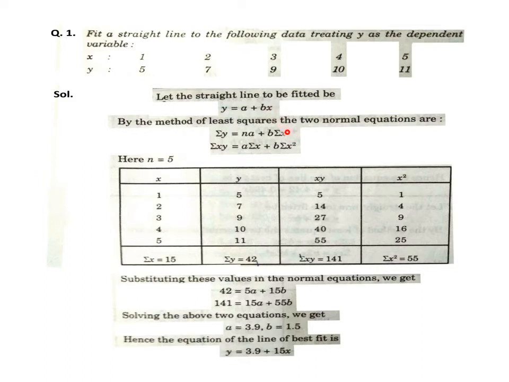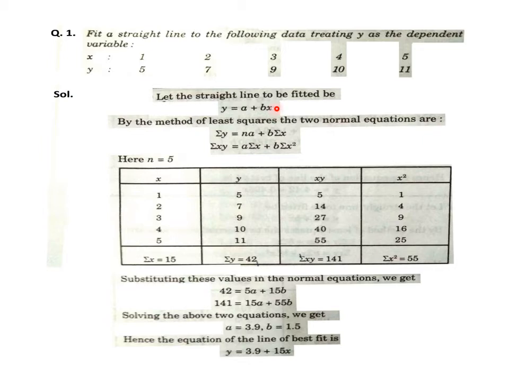How many normal equations are required? It depends upon that equation also, because there are two unknowns a and b, and we have to find the values of a and b. That's why we need two normal equations so that we can solve them to get the two values of a and b. So one more normal equation is to be created, and for that we multiply the given equation by the independent variable to the power 1.